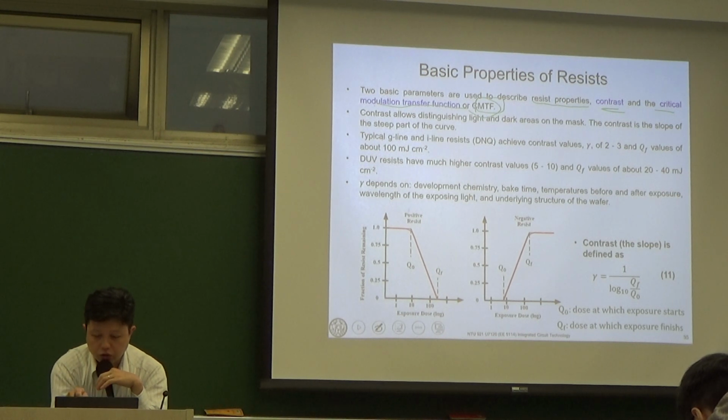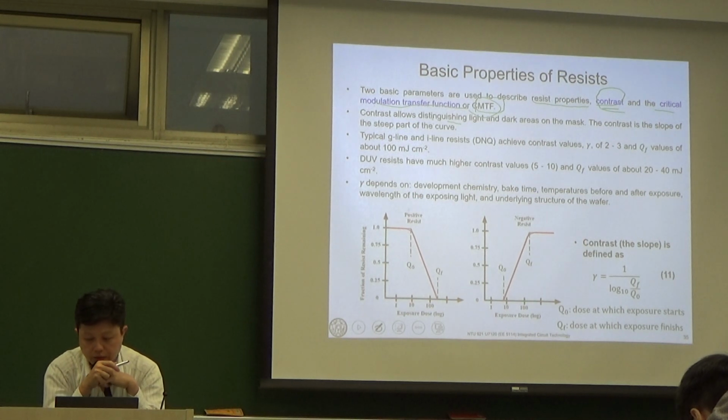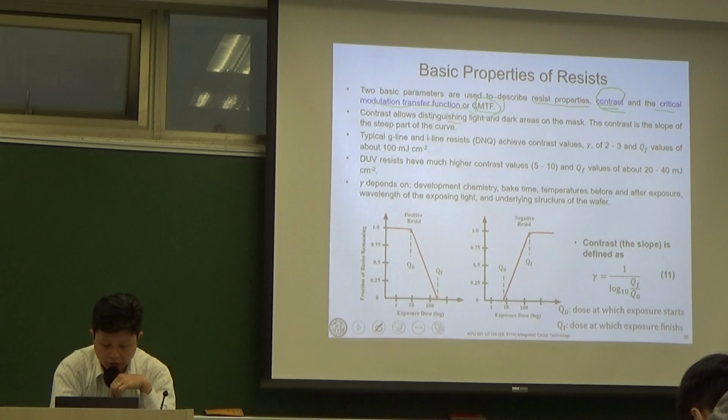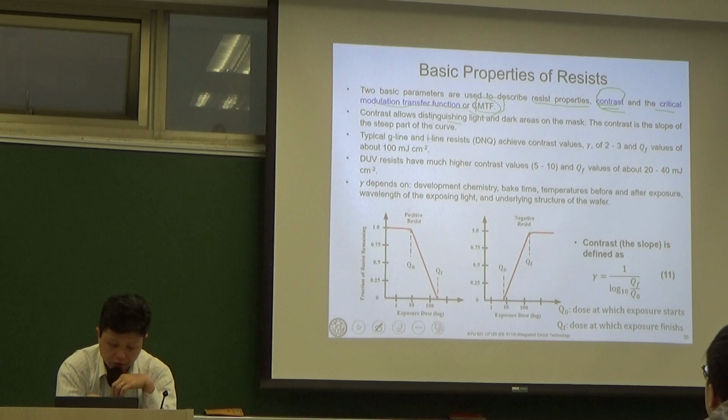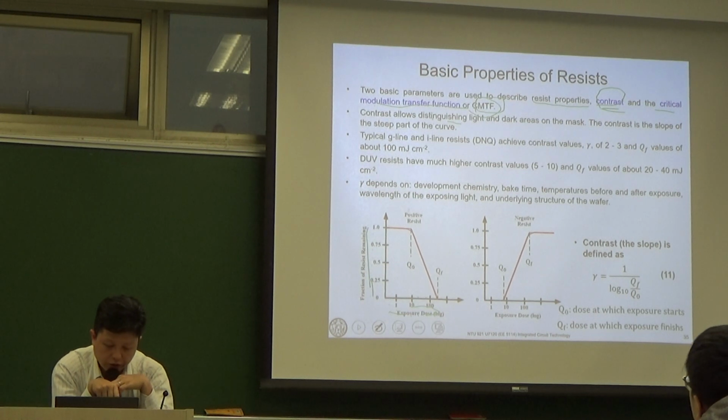Okay, so the contrast can help us to distinguish the light and dark area on the mask. So from this figure, that means this slope. Let's explain this figure first. On the x axis is the exposure dose that we need, and here is the fractional resist remaining.